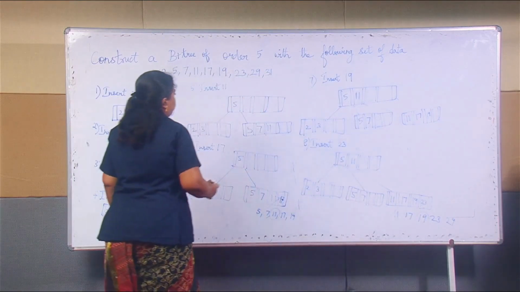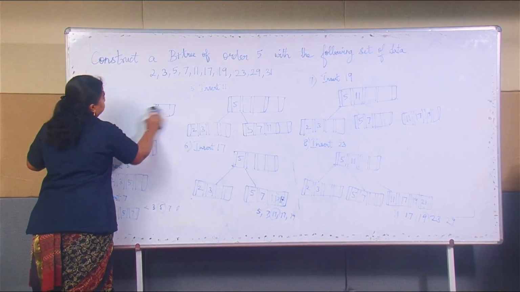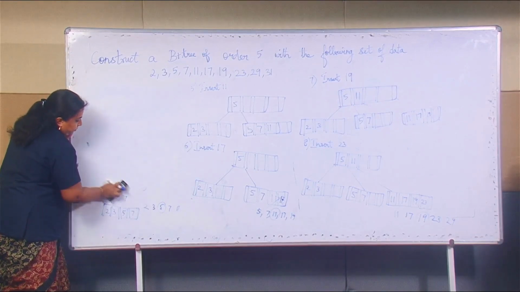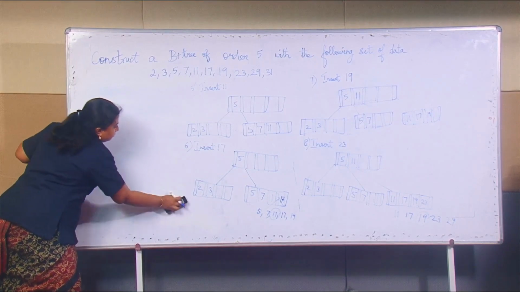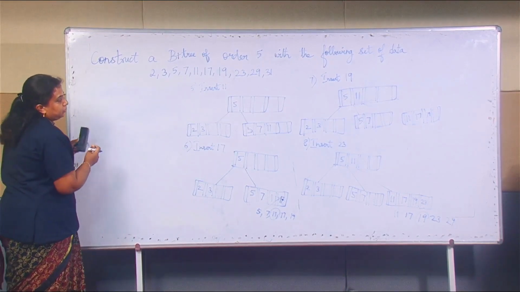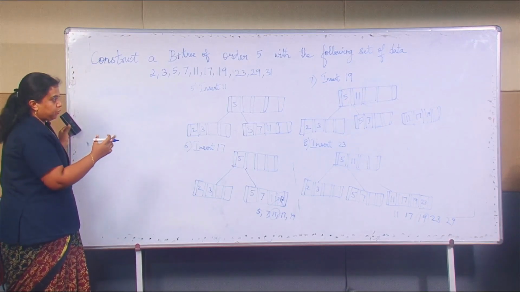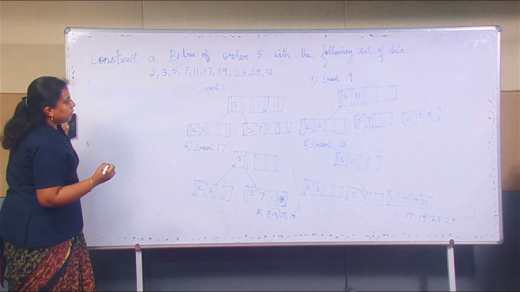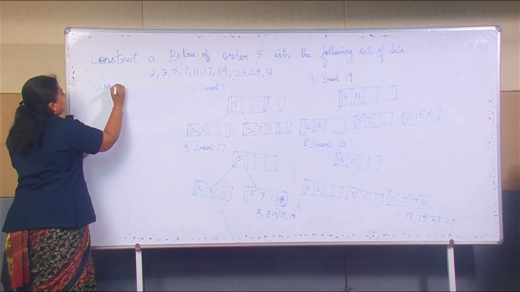So we split and move element 19 to the root node. That's what we are going to do in the next step when we insert 29.